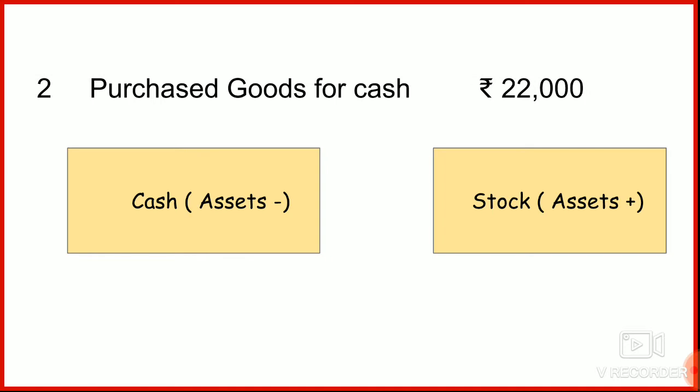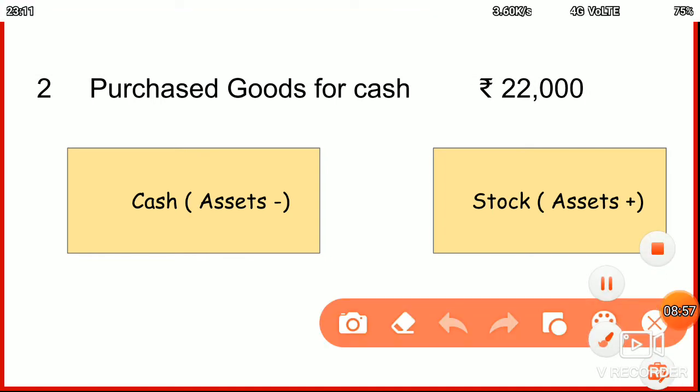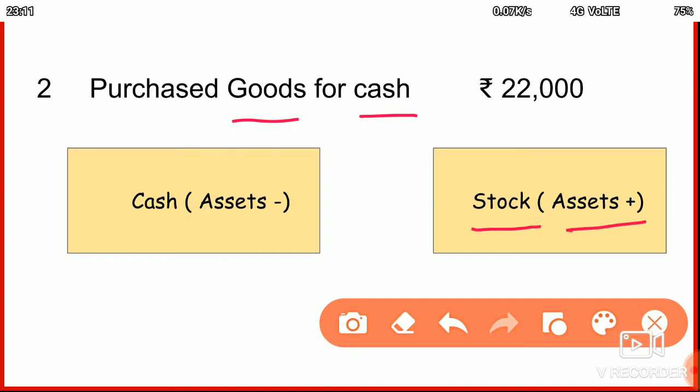So this is our second transaction, purchase goods for cash. The business is purchasing goods for cash. So the goods will get affected and the other account will be the cash account. The goods are represented by the stock account. Now stock account is an asset for the business. The stocks are increasing in the business because the business is purchasing goods.